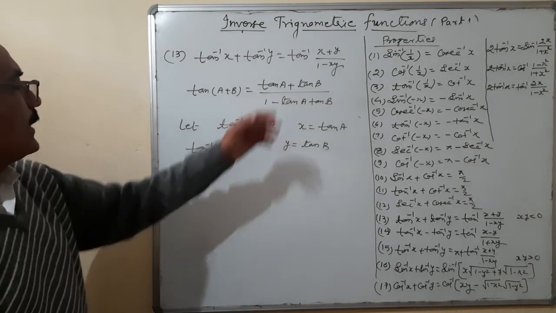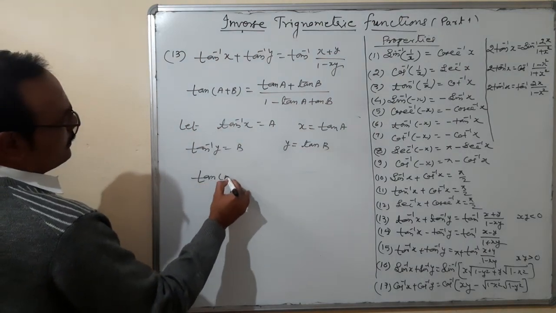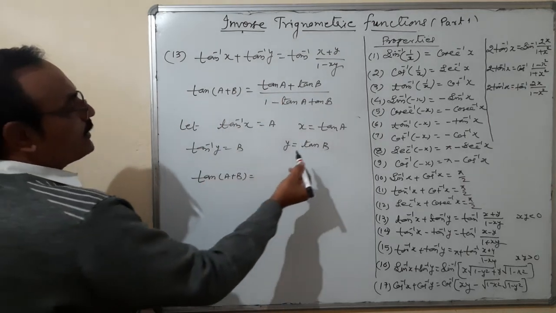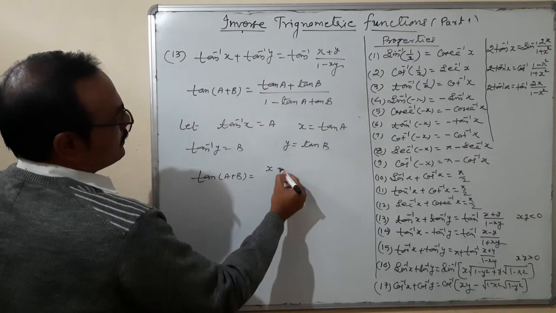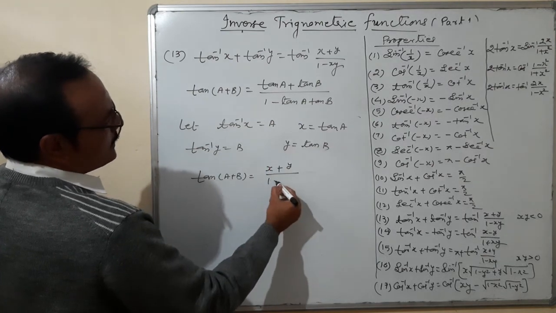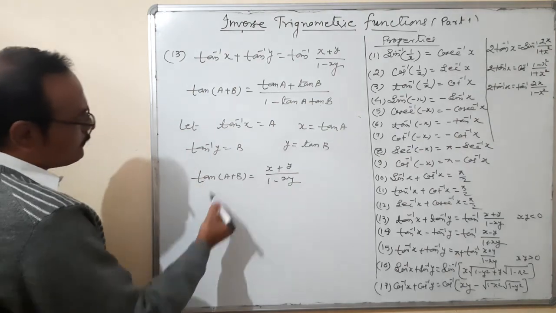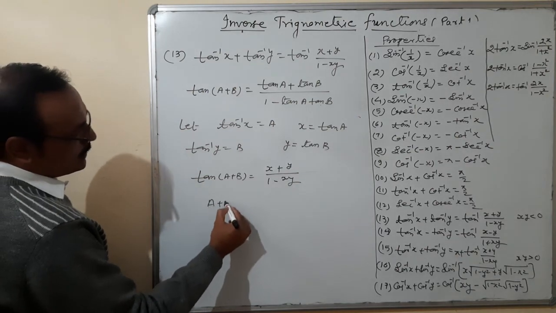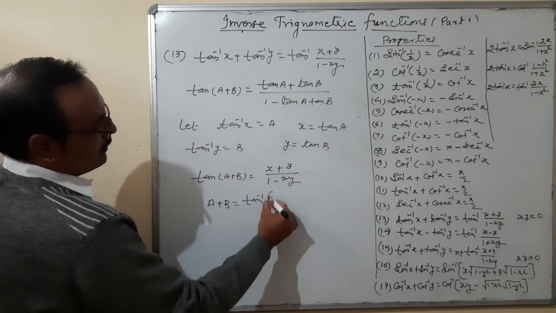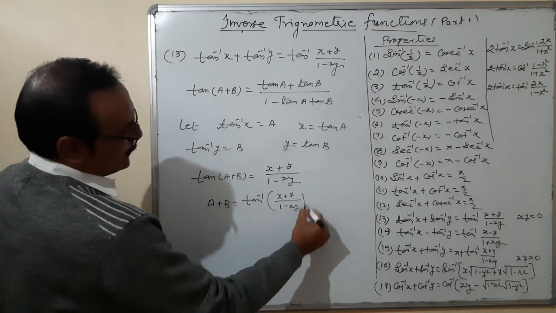If I substitute the values here, tan(a plus b) is equal to (x plus y) upon (1 minus xy). What does it mean? A plus b is equal to tan inverse of (x plus y) upon (1 minus xy).